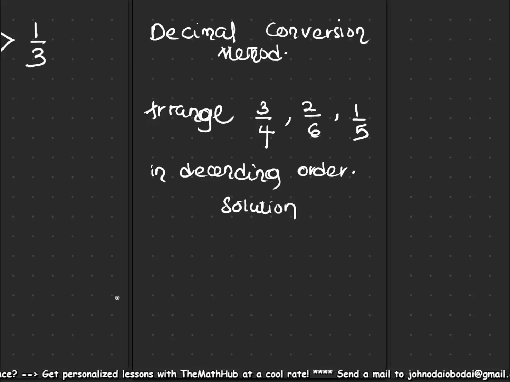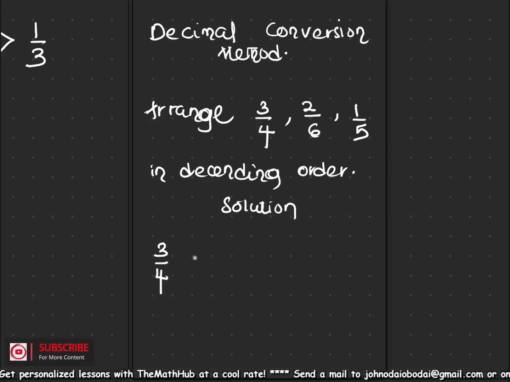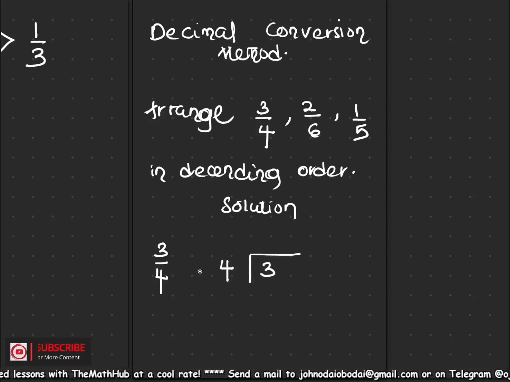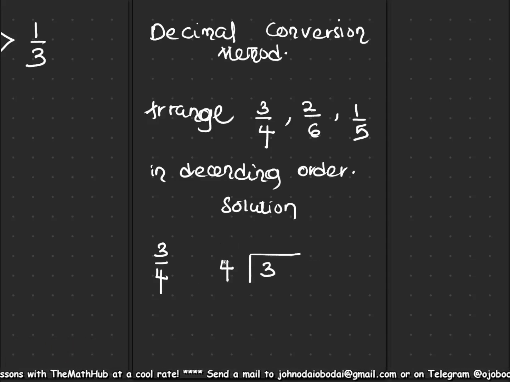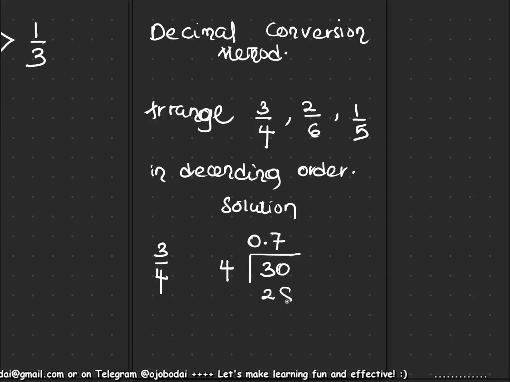First of all, we take 3 over 4 and change it into decimals. We do that using long division. As we did in our previous videos, 4 divides 3 how many times? That isn't going to work. So we have a 0 point, allowing us to bring 0 here. Now 4 divides 30, 7 times. Then 4 times 7 gives us 28.